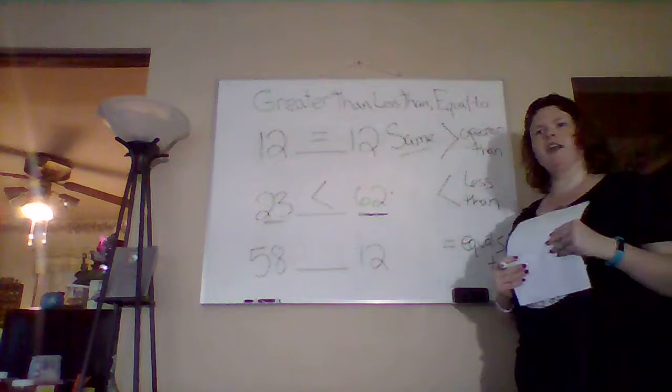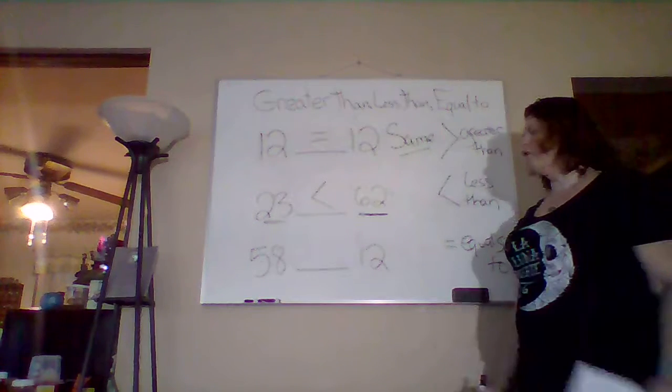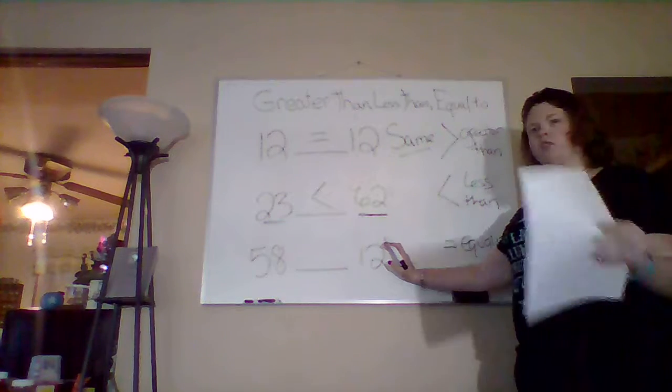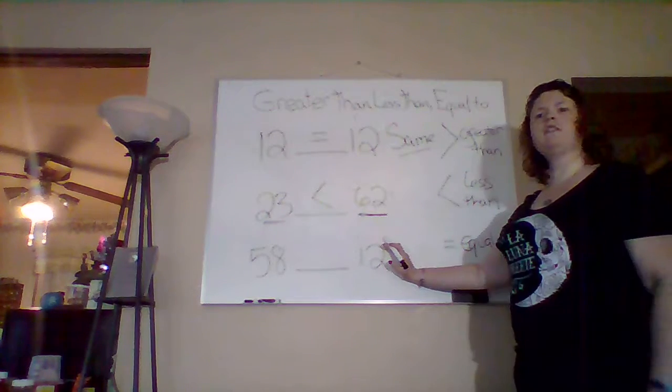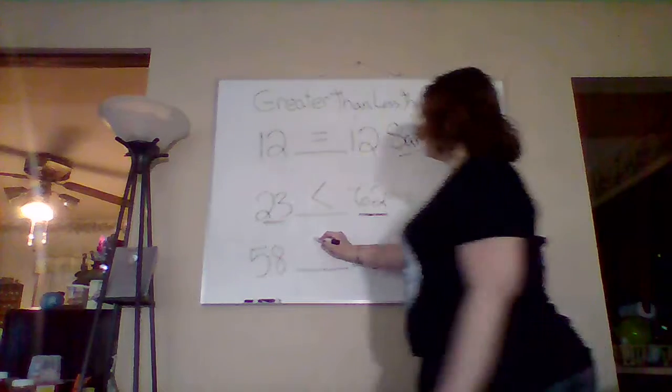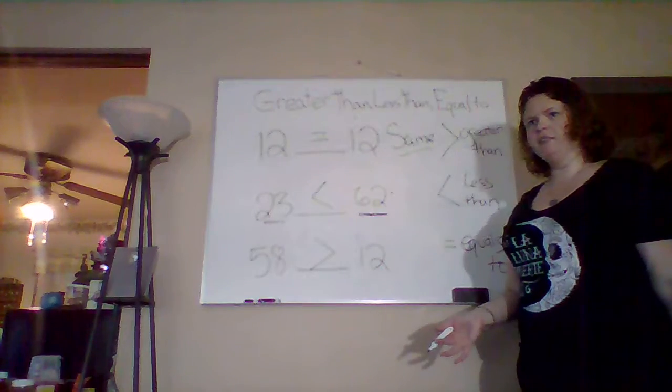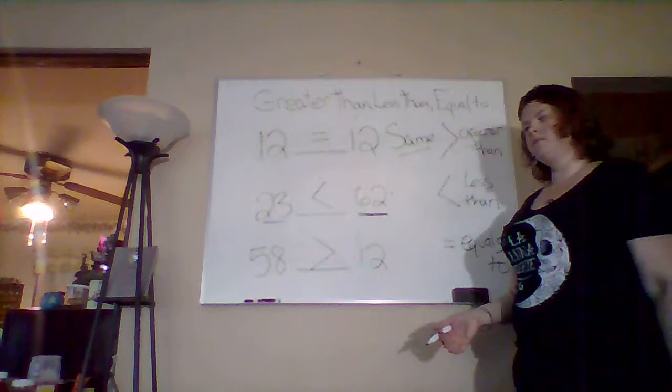Man, everybody has their hands up. I wonder, can we do it together as a group? Yes. 1, 2, 3. Greater than. Right. Good job, guys. So why is it greater than? Because 58 is bigger than 12.